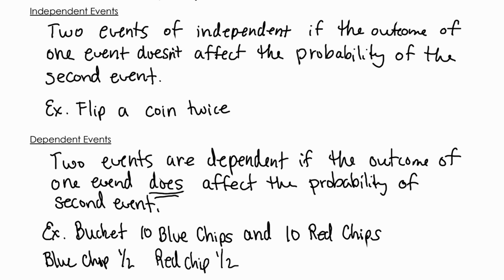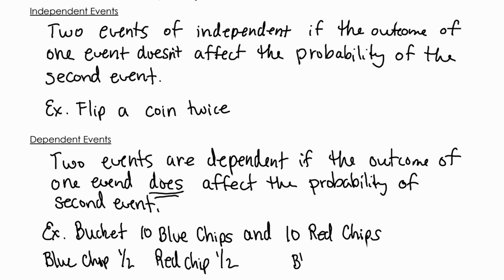Now, let's say I reach in that bucket and I pull out a blue chip. So that probability is 1/2. Now what's left in the bucket is 19 chips, 9 blue and 10 red. So if I go in and pick another chip, the probability has now changed.